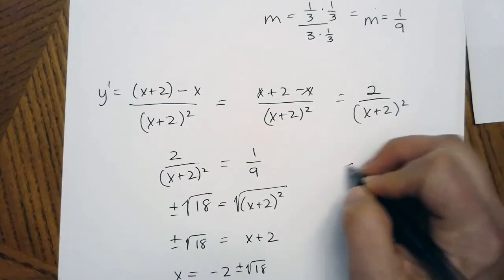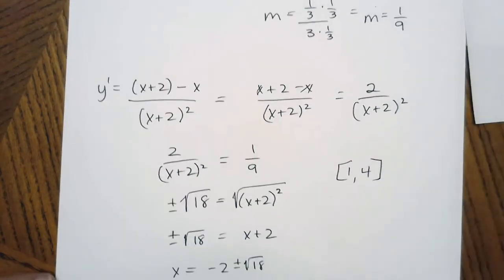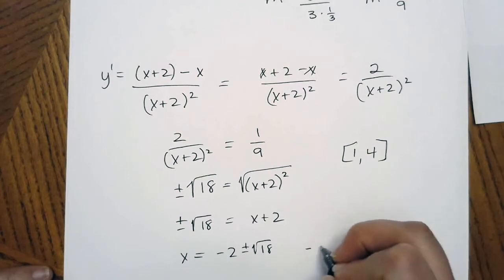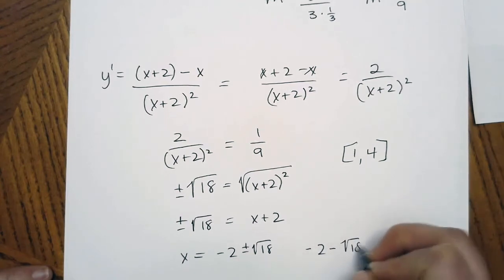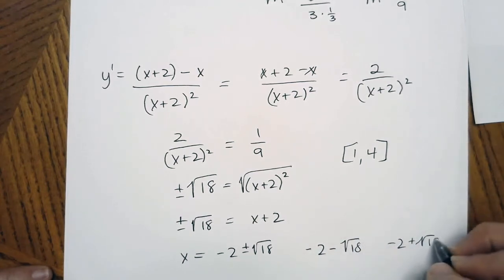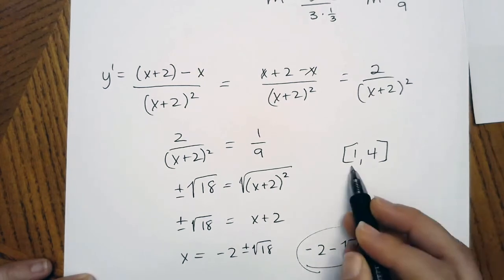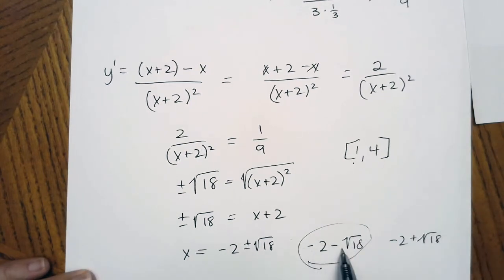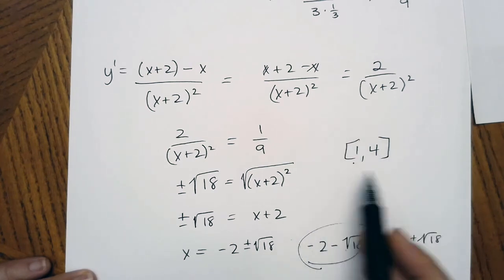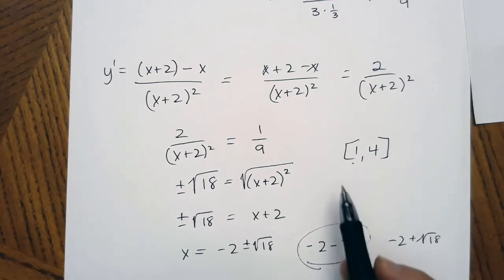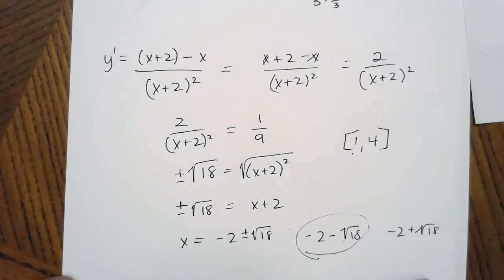Now I am between 1 and 4. And I can see that if I look at these separately, negative 2 minus the square root of 18 and negative 2 plus the square root of 18, this one is not going to be between 1 and 4 because this is negative, and then I'm going to subtract even something more negative from it, and so that's definitely not going to get me an x between x equals 1 and 4.